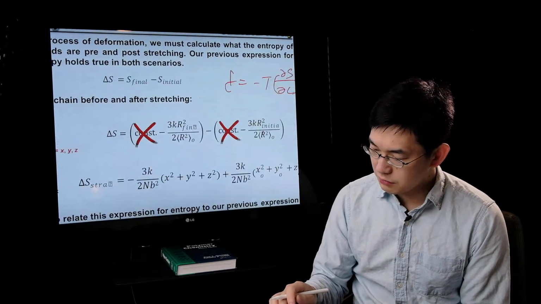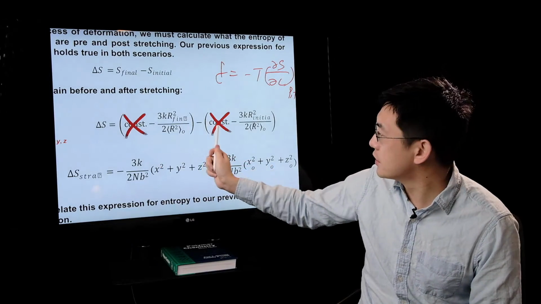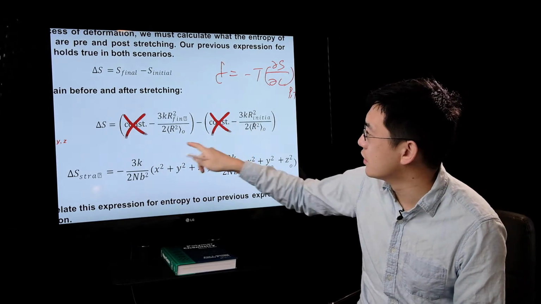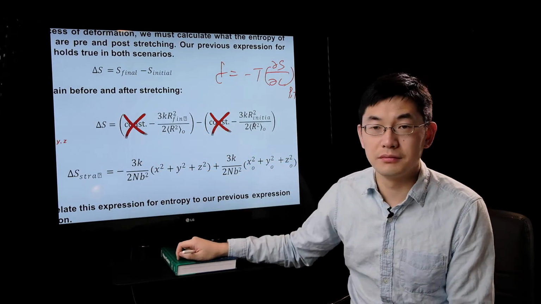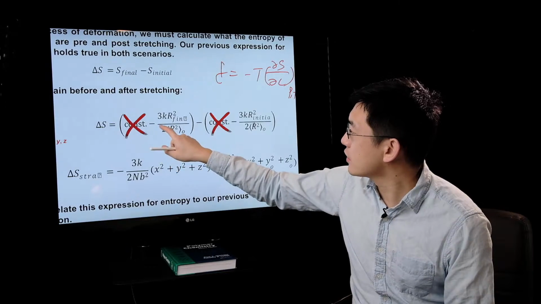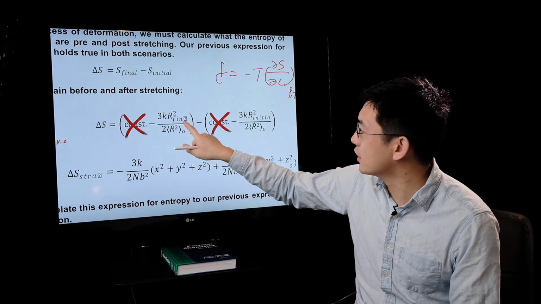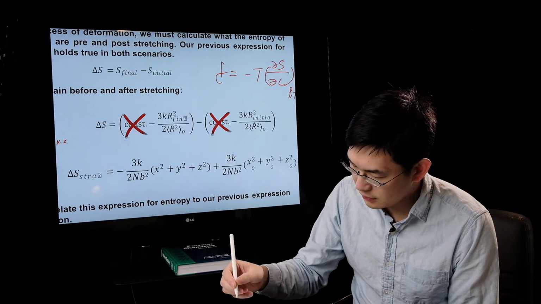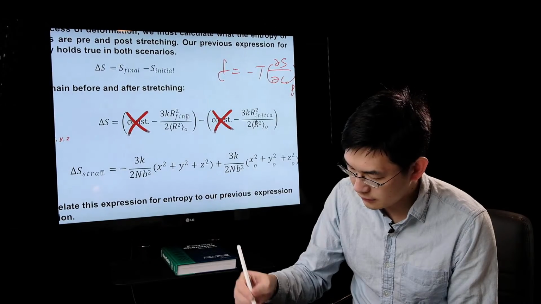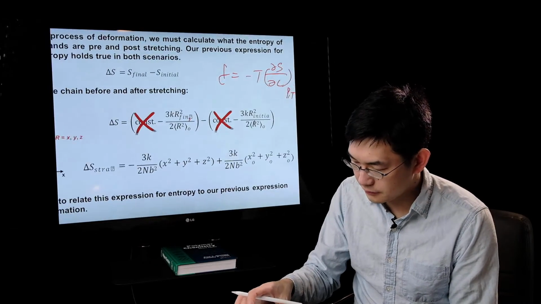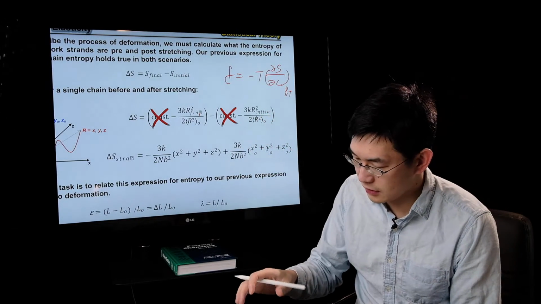So this is what you would get. Delta S will be a constant where these two are basically the same constant. When they subtract each other, they're going to cancel out. What is left is 2r squared and 3k r final, initial.